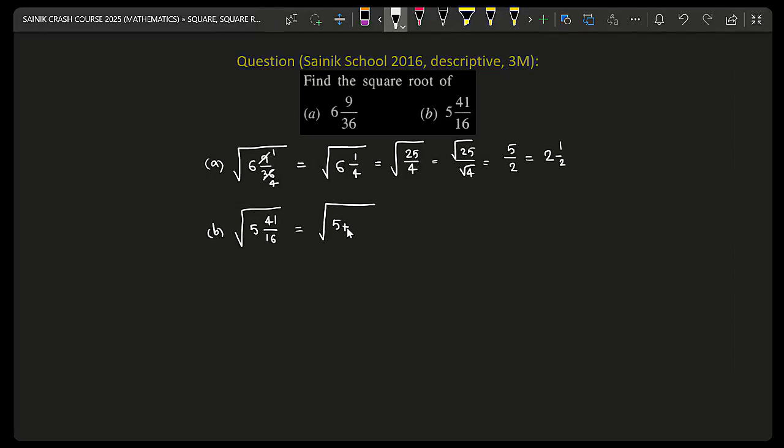Sir, 9 by 16. 16 twos are 32, right? Yes, sir. And remainder 9. 2 9 by 16. So this is nothing but 7 9 by 16, isn't it? Yes, sir. Okay, now you can convert this into improper fraction.